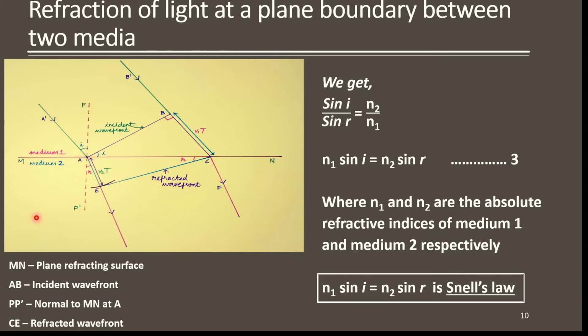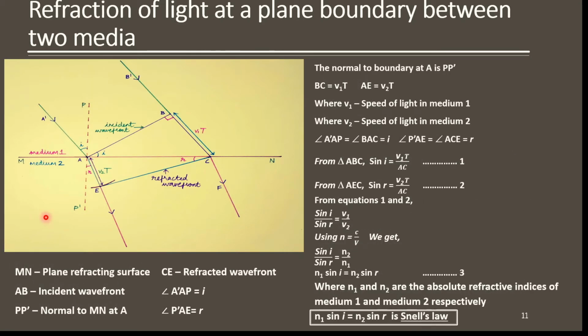For normal incidence, the rays travel along the same direction and there is no breaking of image. The complete derivation is given here for your reference.